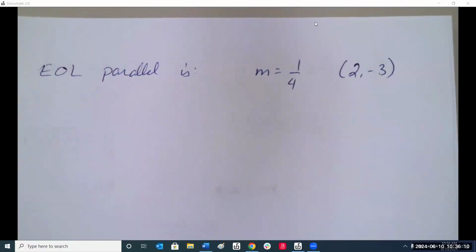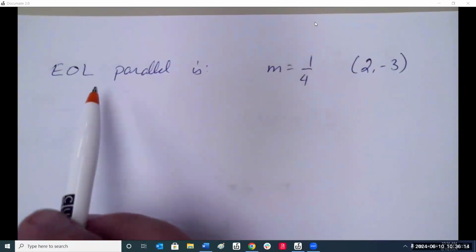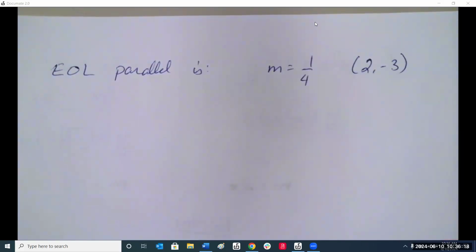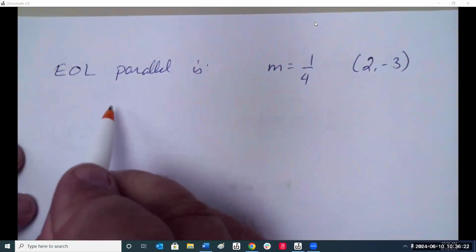Remember how we do that? Whatever equation we get now will be parallel to the other equation. So how do we start this one?